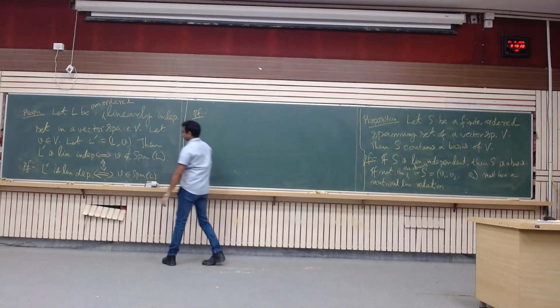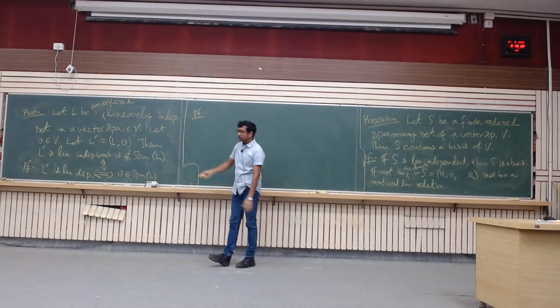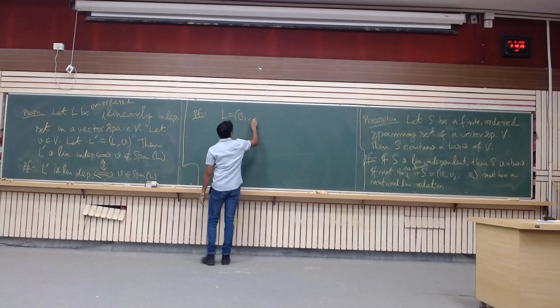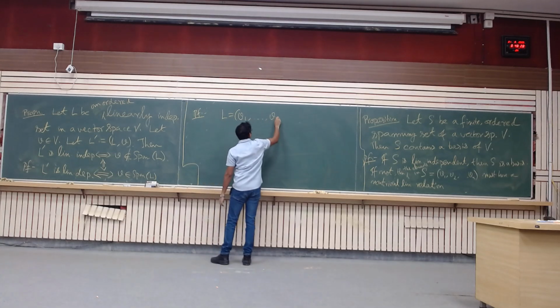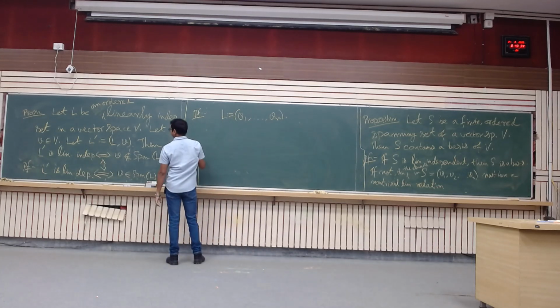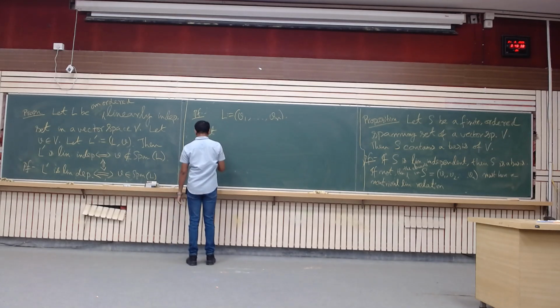Suppose it is linearly dependent. At first, give names to the elements in L. So suppose L is v1 dot dot dot vn, and we have already defined what L dash is.